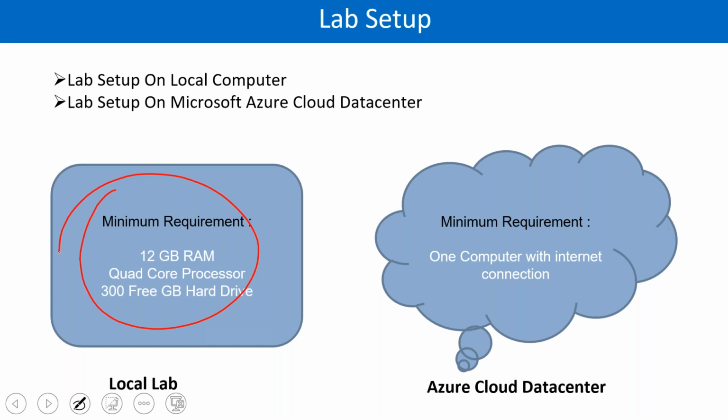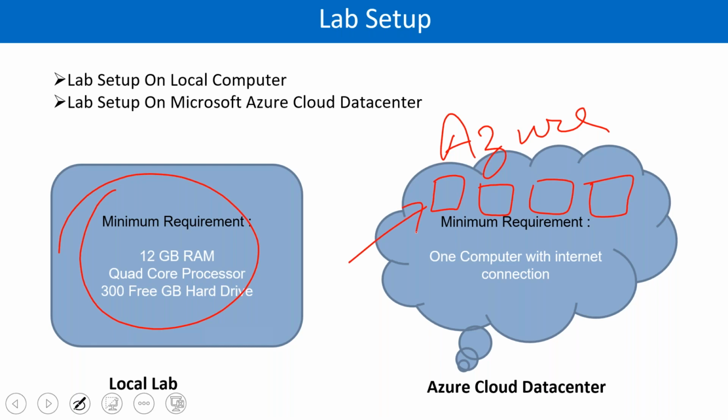If you don't have this configuration on your laptop or desktop, then you go for the Azure 30 days free trial. In the 30 days free trial, you can create your resources, like virtual machines in Canada or Australia or Indonesia or US, and you can remotely connect to these machines.